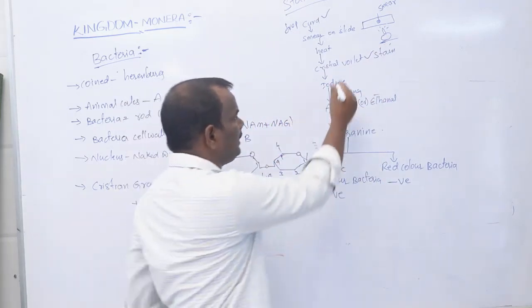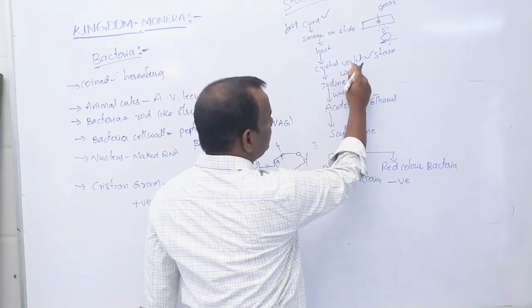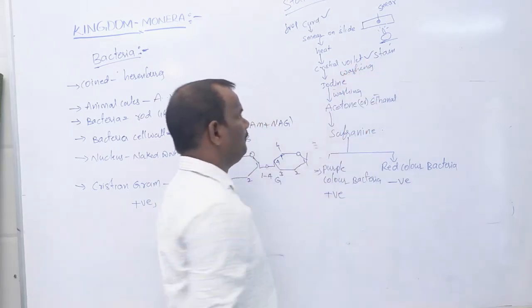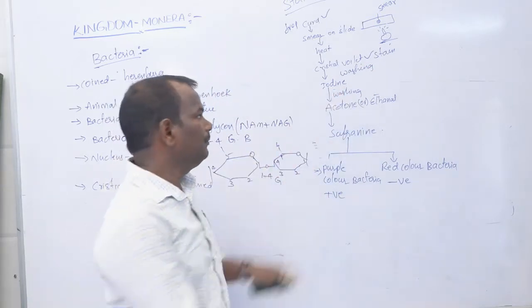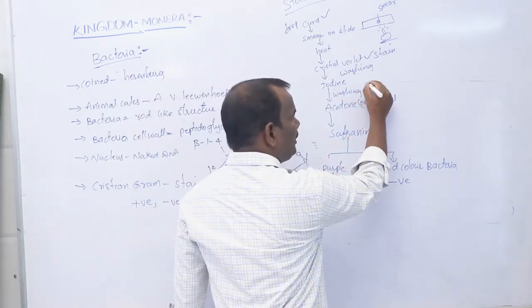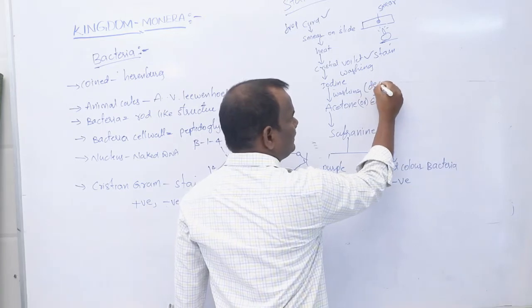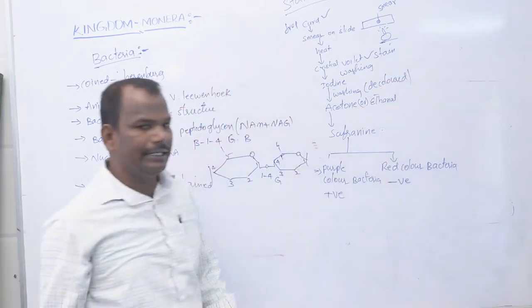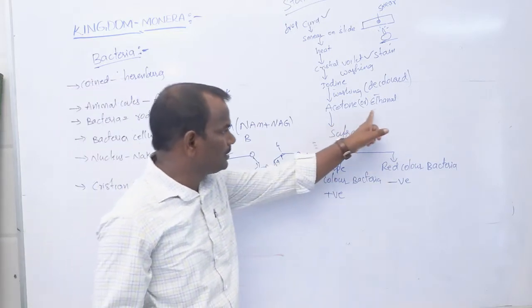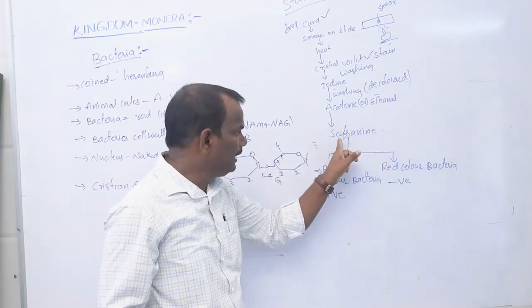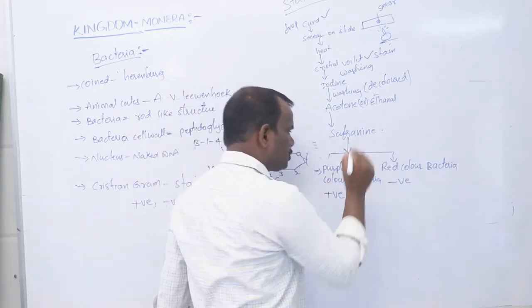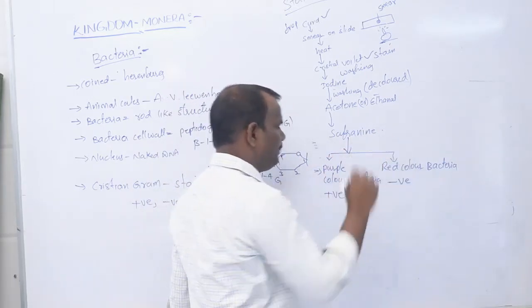Then after, we are washing. Then we are adding iodine, and when we add iodine, it decolorizes. Then we are adding acetone or ethanol, then we are adding safranin. After safranin, it shows two colors of bacteria.